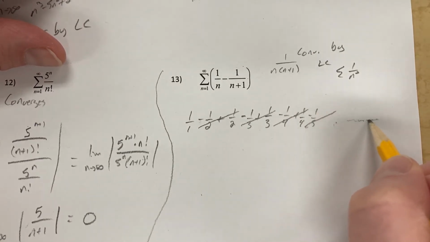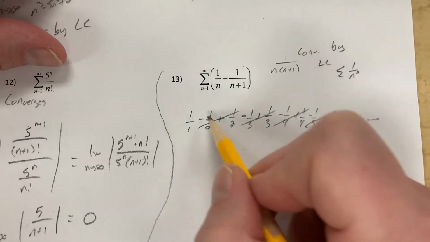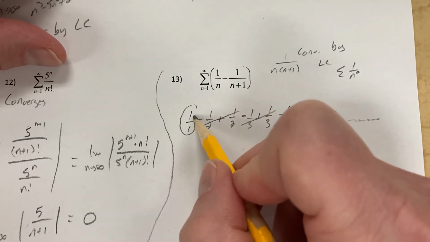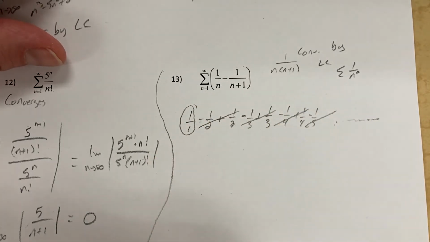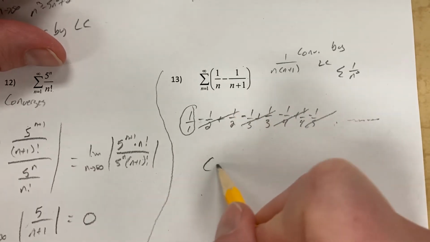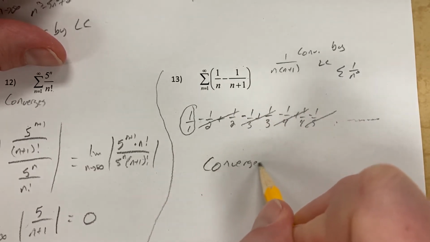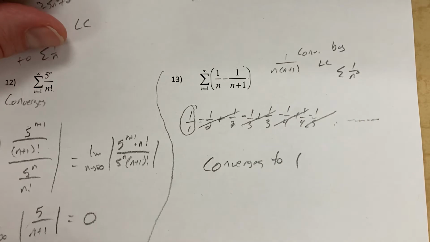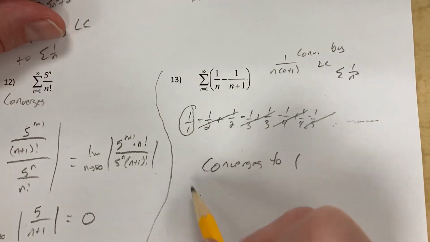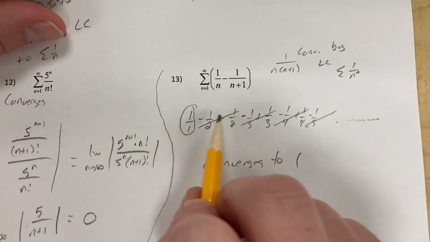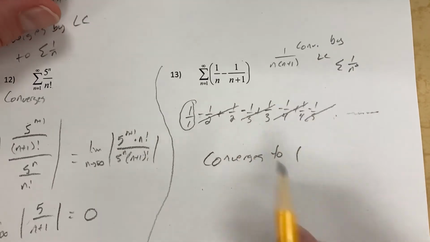That's going to go on forever and ever. The only thing that will actually be left here will be that 1. So this converges to 1. It's what's called a telescoping sequence. You start to stretch it out and you start to see the patterns there. You can actually do it from that.